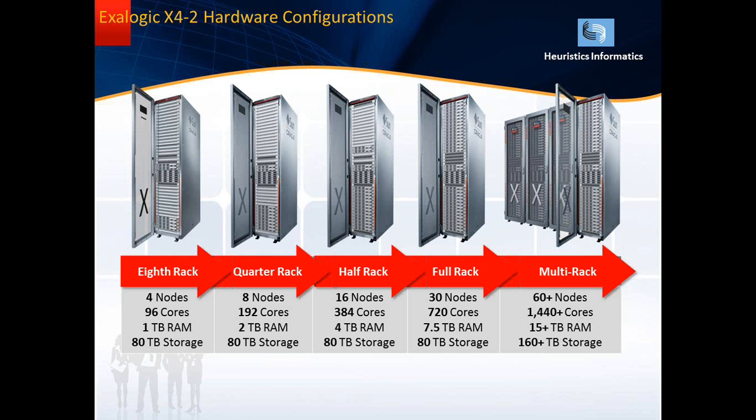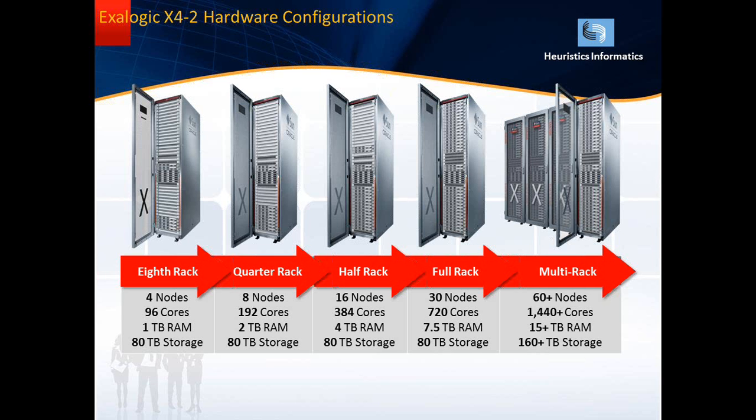I have only 4 compute nodes in the 8th rack, and 96 cores totally, 1 TB of RAM and 80 TB of ZFS storage. So this is the storage expansion and the available configuration in the 8th rack. In the quarter rack, I have 8 compute nodes, which is equivalent to 192 cores, and the storage has 2 TB of RAM and 80 TB of storage.